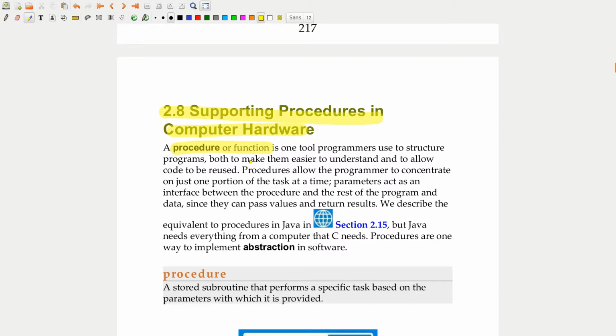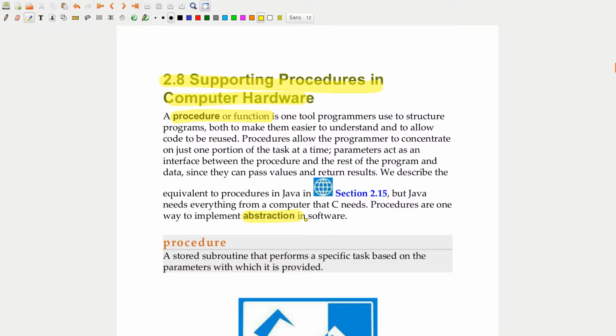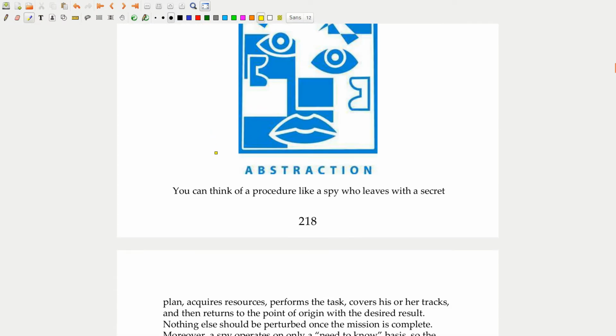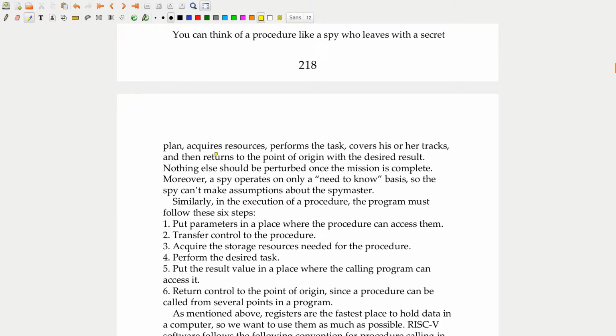However, alternatively, we could just call a function that does that. That's what's going to be called a procedure. Procedures are one way to implement abstraction. That means that instead of seeing the underlying details of what it's doing, we just call a function or procedure, depending on what you want to call it.